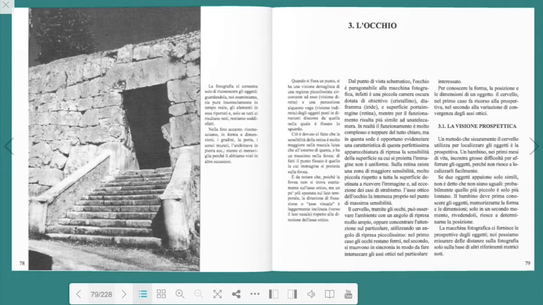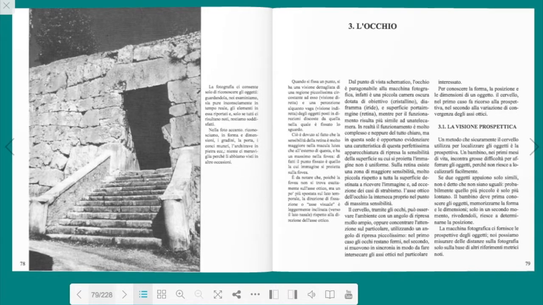The child must first know the objects, memorize their shape and dimensions. Only later, by reviewing them, can he determine their position. The camera provides us with the perspectives of the objects. We can measure distances on a photograph only on the basis of other known metric references.